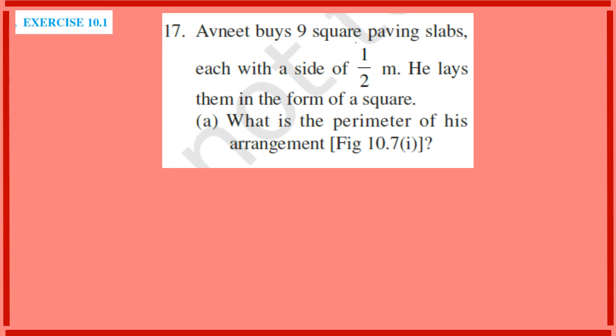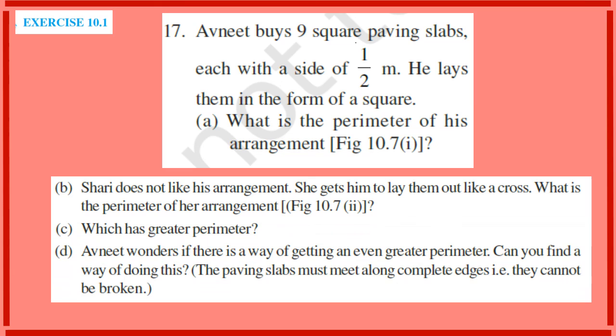Now, the last question of this exercise. Avneet buys 9 square paving slabs, each with a side of half meter. He lays them in the form of a square. What is the perimeter of his arrangement? And the second part of that question: Shari does not like his arrangement.